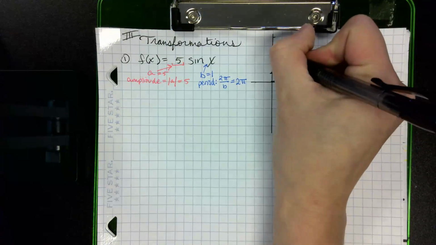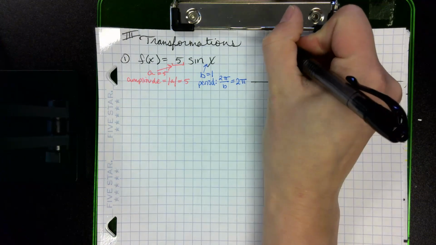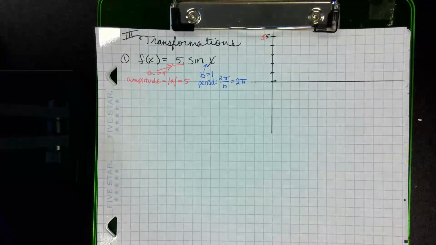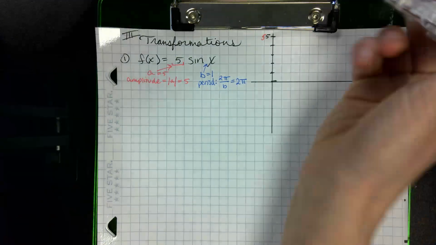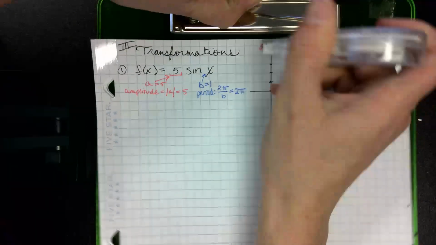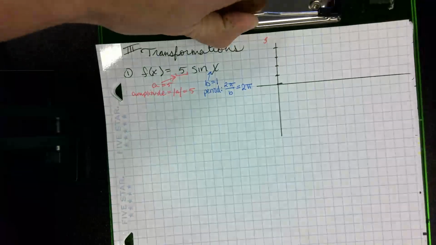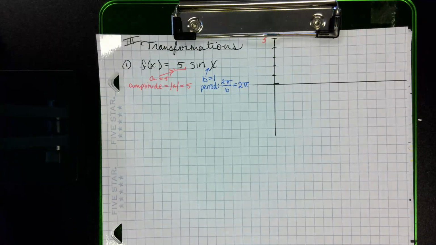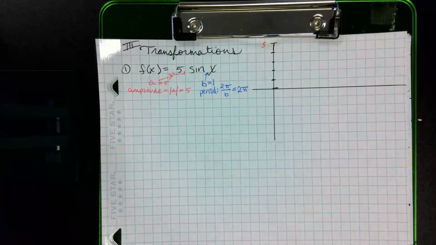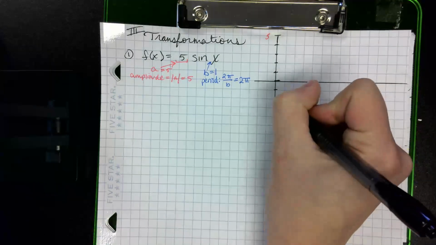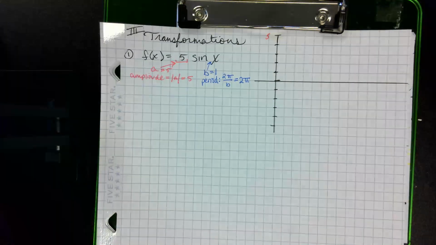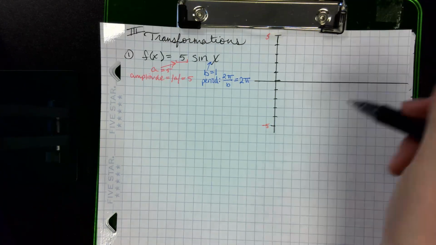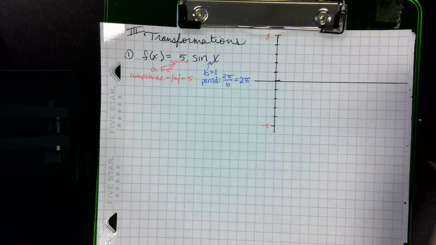Because my amplitude is 5, I went up 5, and then I'm going to go down 5 for the negative direction. That's negative 5.